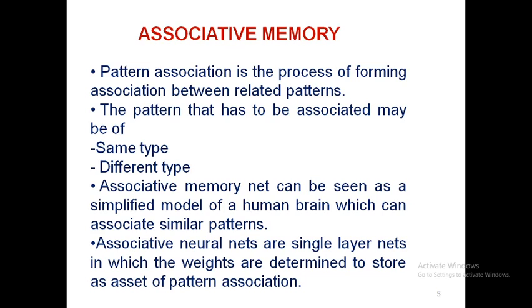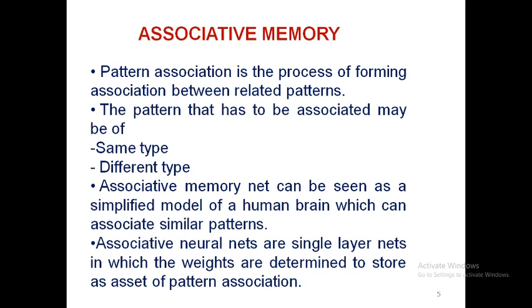The associative neural nets are single layer nets in which the weights are determined to store the sets of pattern association. Most of the time these associative neural networks have computations in a single layer. That's why these are single layer neural nets.